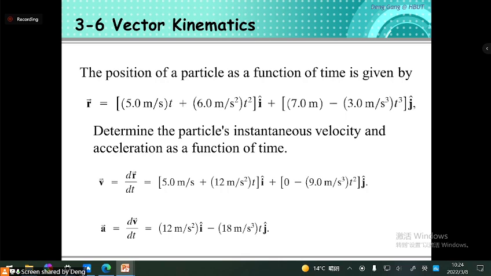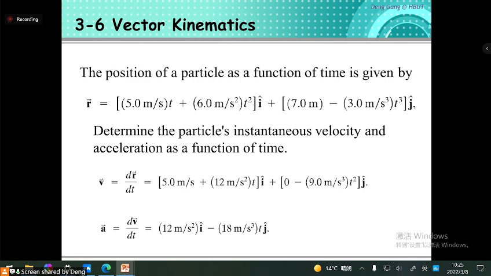When we solve problems like this, we can just use the component form. We take the first order derivative of this part and you get this part, and this part takes the first order derivative, you get this part, and then if you know v, you can calculate the acceleration.